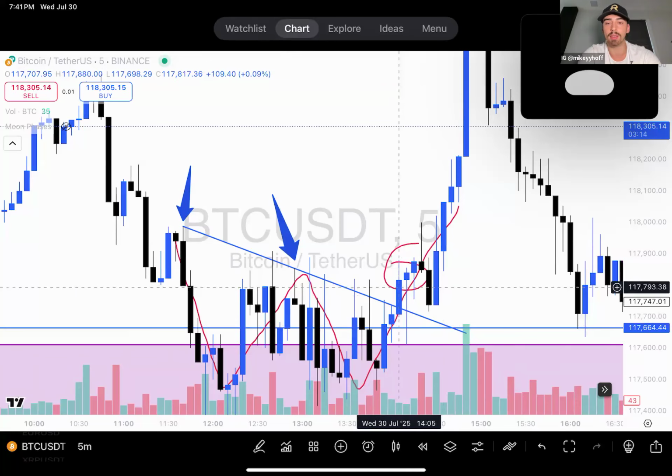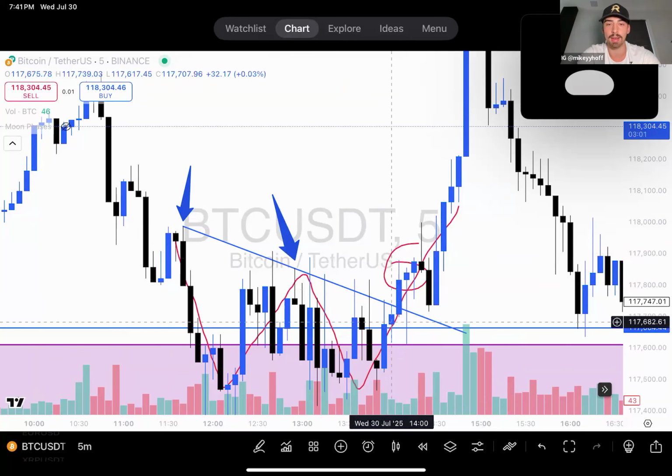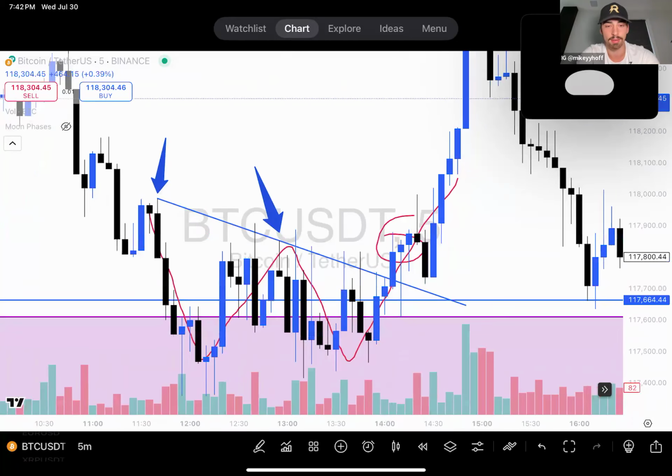And let's say you missed this. You missed the open and close of this candle. You missed the entry here. And now you see price wicked up to 118,000 first, and then came lower again back to this area. This is what's called the retest.